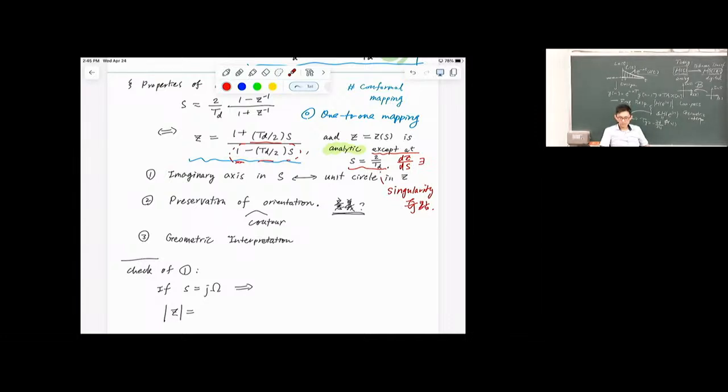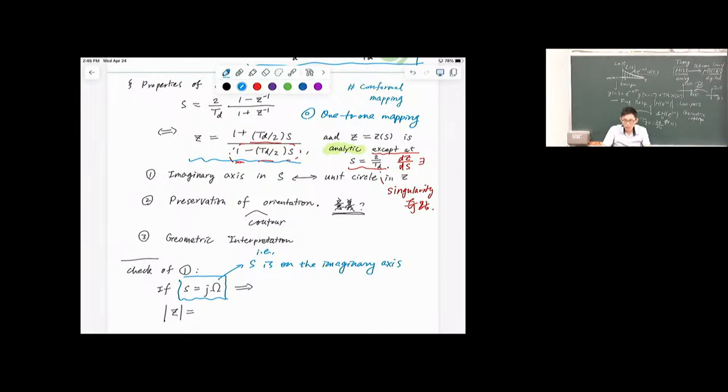So let's check that first, shall we? We can check that. For any point S on the imaginary axis, when it goes to the Z domain, what kind of path does it become?